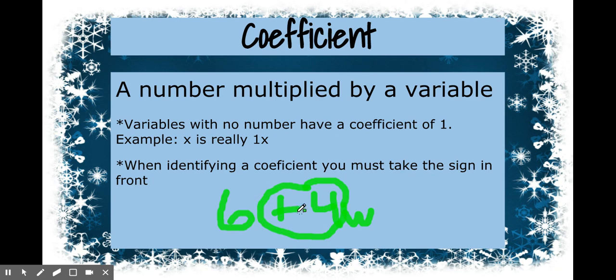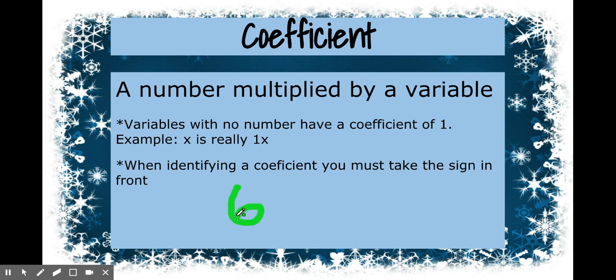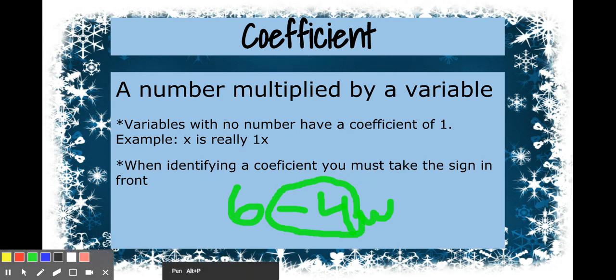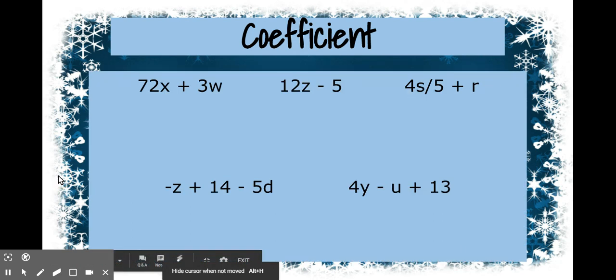This tells me that my coefficient is a positive 4. But if my expression was changed to 6 minus 4w, this 4 is my coefficient, but it's not a positive 4. It's going to be a negative 4. So now we can move on to some examples.